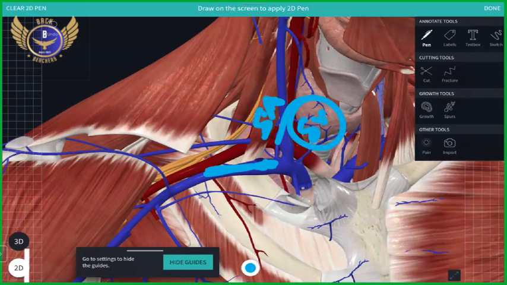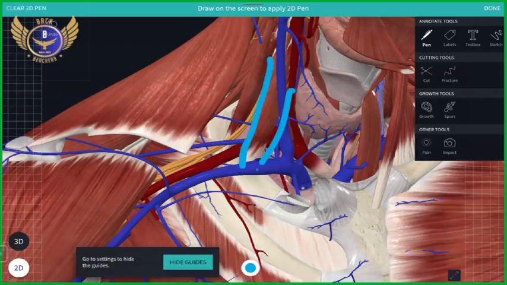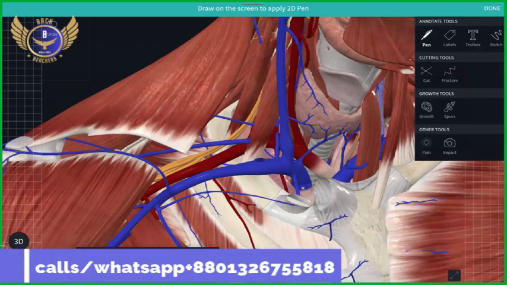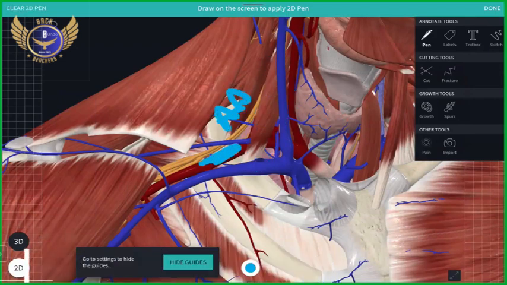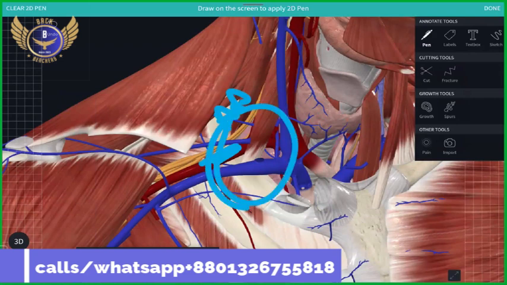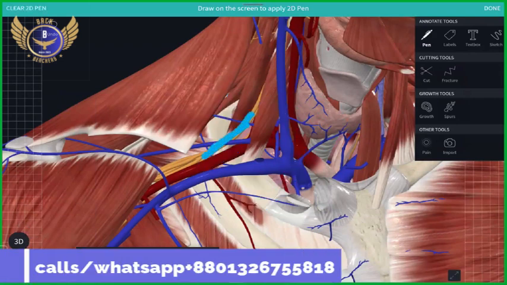Then we have scalenus anterior. Scalene, it looks like a scale. Then we have this artery. So all these structures can get injured, and behind that artery we have the brachial plexus too.